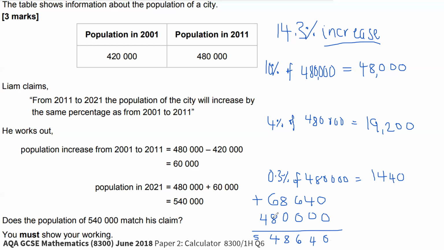Well, the answer is no, because although it is pretty close, he's actually forgotten to add the percentage increase by just adding 60,000. You're not continuing to increase by the percentage, so he's worked out a much lower value than if he worked it out by percentage.